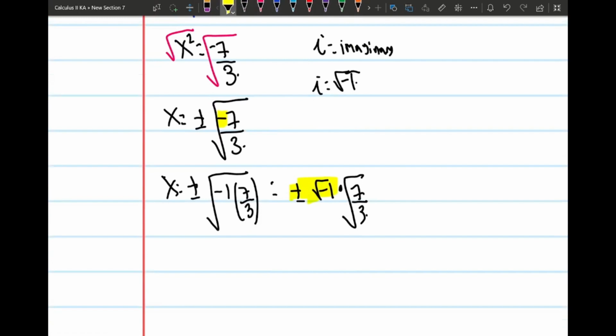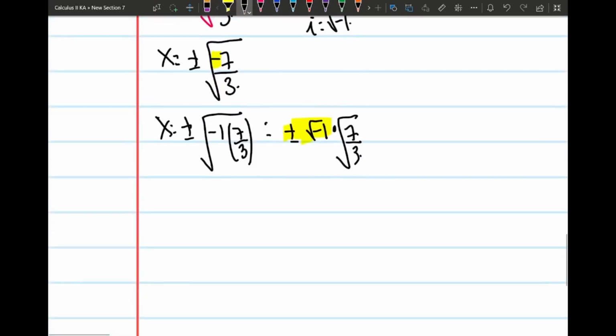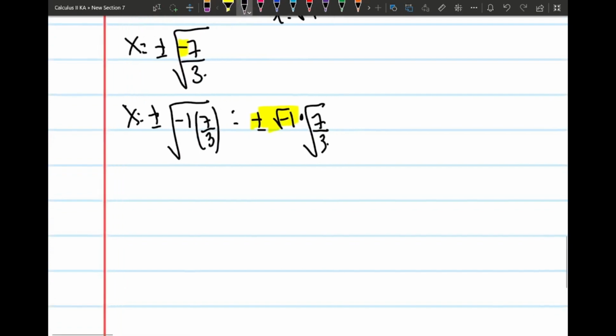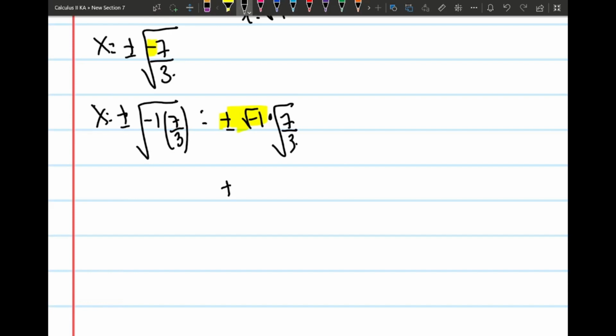Now again, because we're doing quadratic equations, you need to include plus or minus in there because there are 2 solutions. So we are going to do plus or minus i, and we have the square root of 7 over the square root of 3. If you don't remember, the square root of a over the square root of b is the square root of a over b.